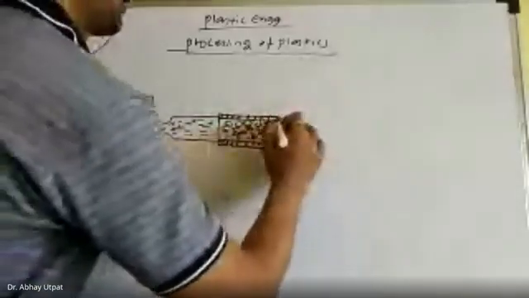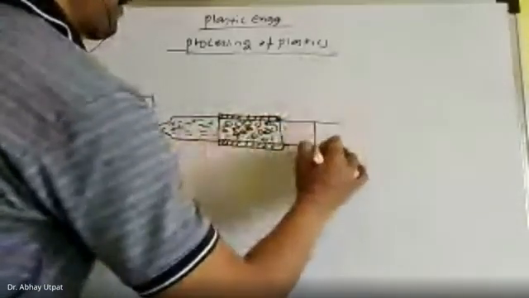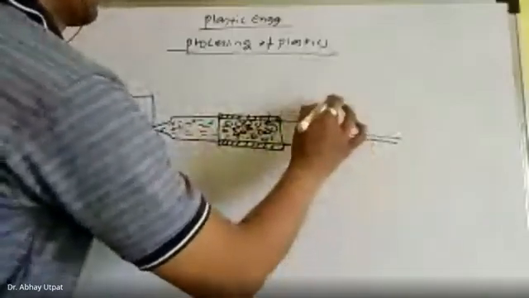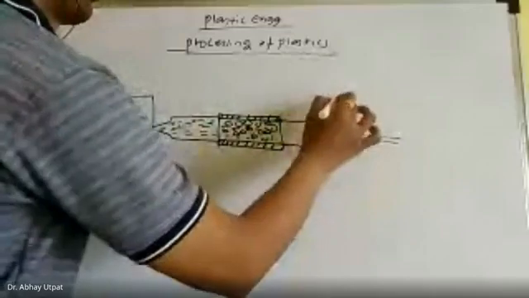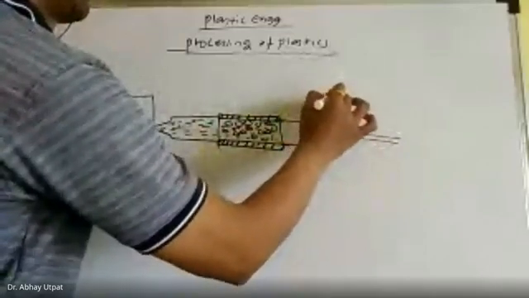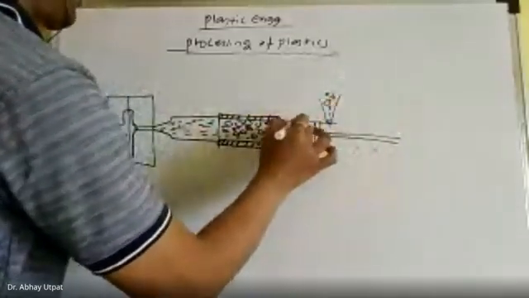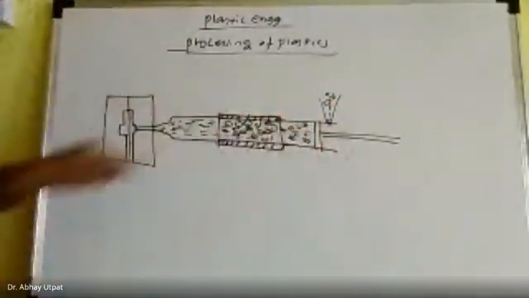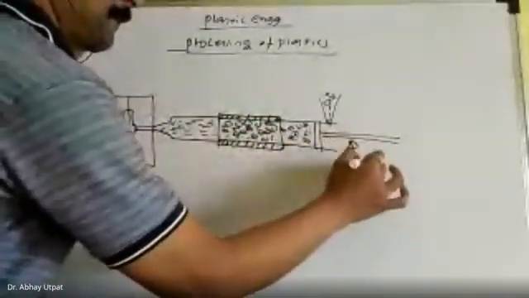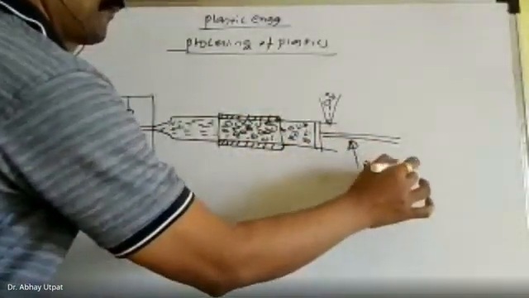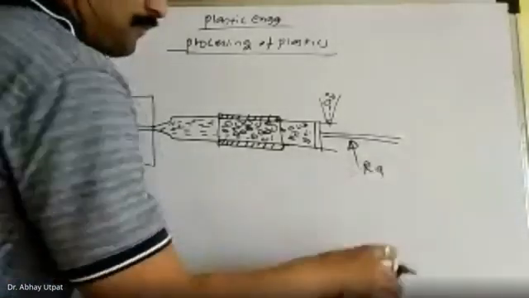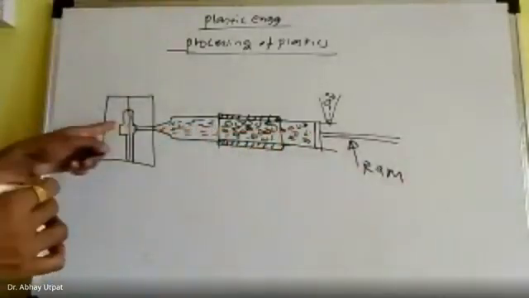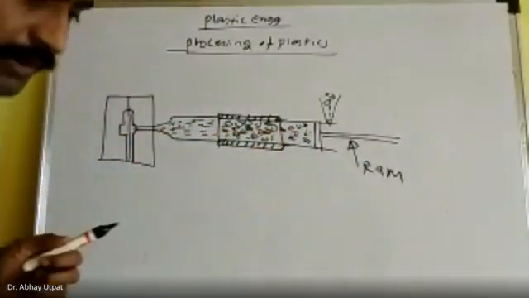Heating starts here. And this is your ram or piston. This is the hopper. So you are going to force this ram or piston, and with the help of this it will come here.